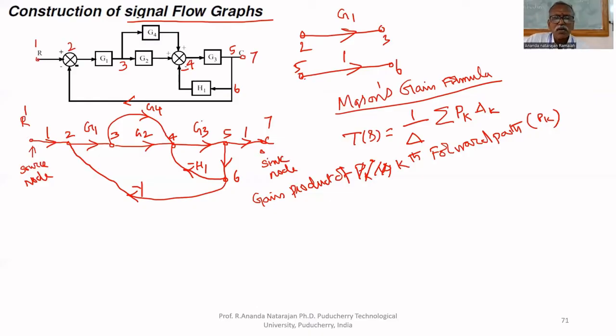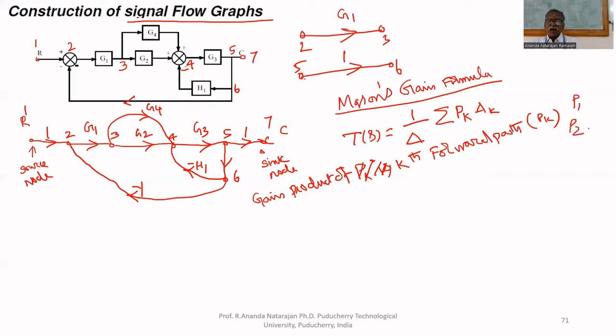The source is R, the destination is C. To reach the destination, there are 2 forward paths. One is 1, 2, 3, 4, 5, 6, 7. Another forward path is 1, 2, 3, through this we have to reach 4, through this path 4, then 5, 7. So there are 2 forward paths, P1 and P2.